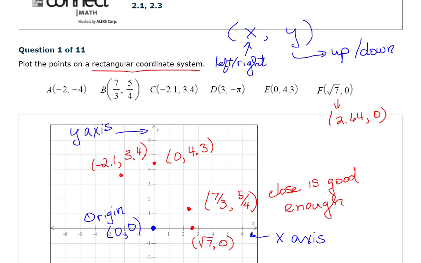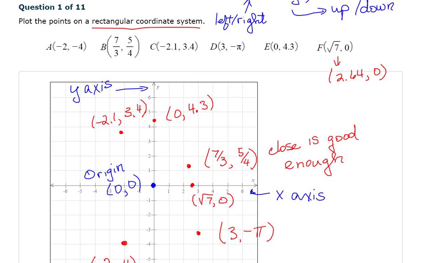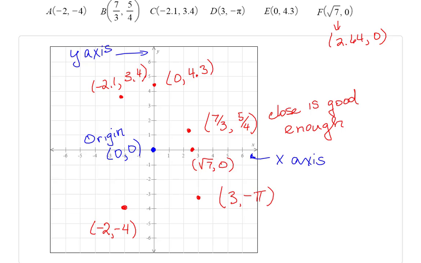So let's look at a few of these points. We have A, which is -2, -4. So we go 2 to the left and down 4. Next is 7/3 and 5/4. Well, I don't know how big that is. 7/3, 3 goes into 7 two times, so 2 1/3, so about 2.3.